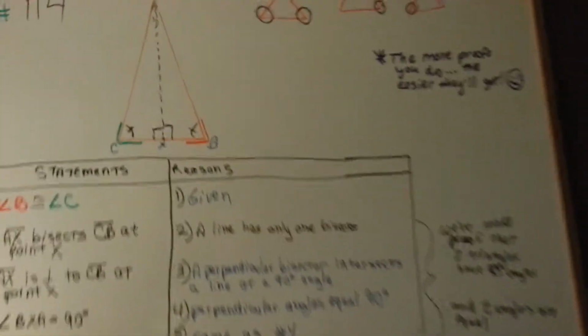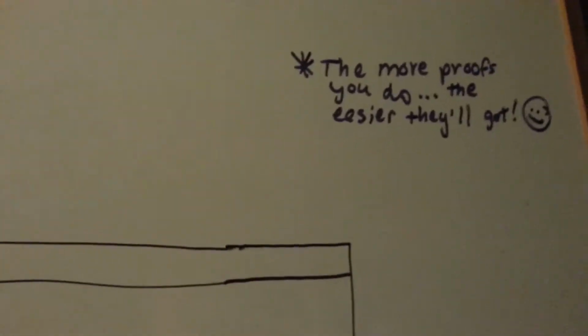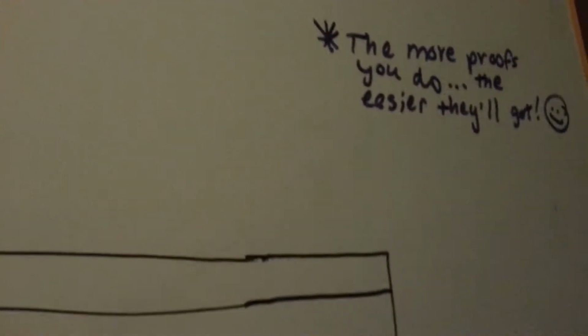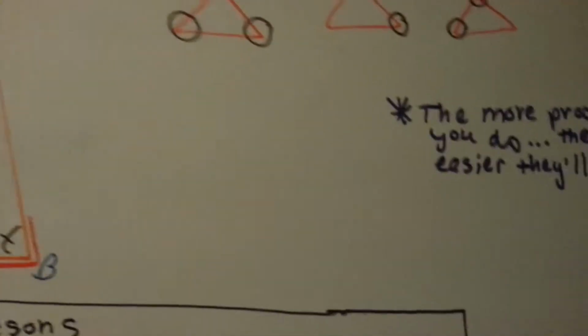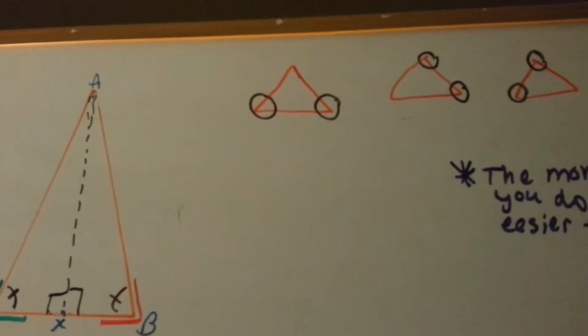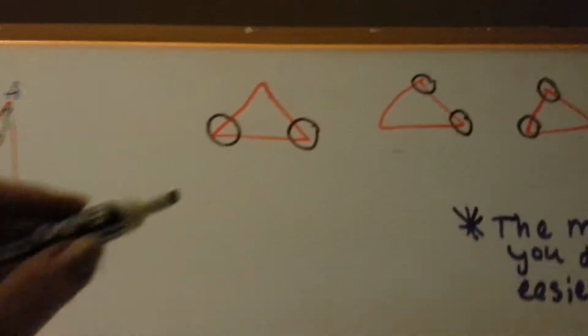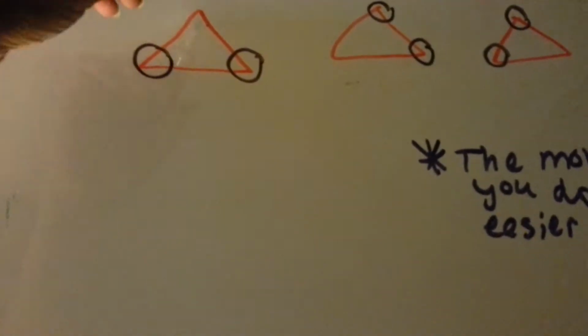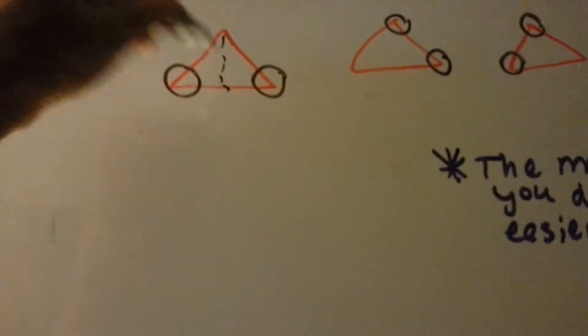So, what I wanted to tell you is, the more proofs you do, the easier they're going to get, okay? And if you want to look at this opposite sides thing, the only way to do it is to do the bisector, okay?